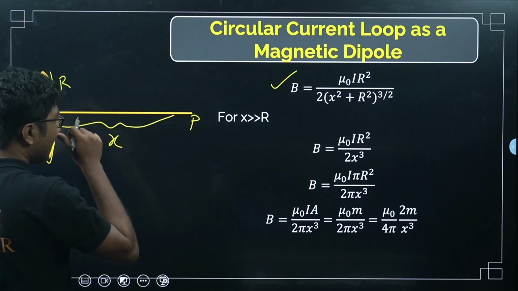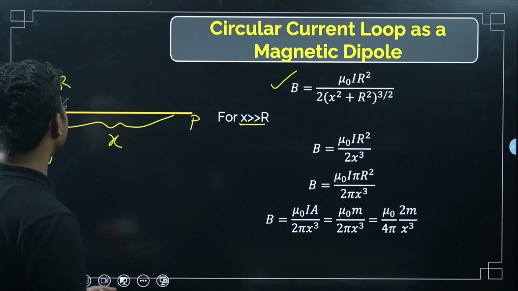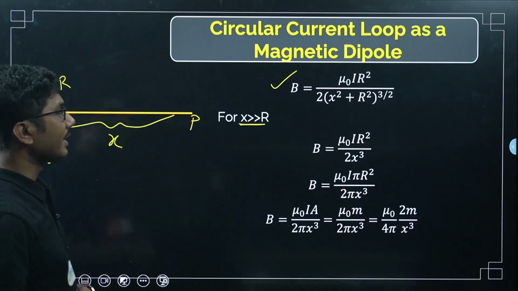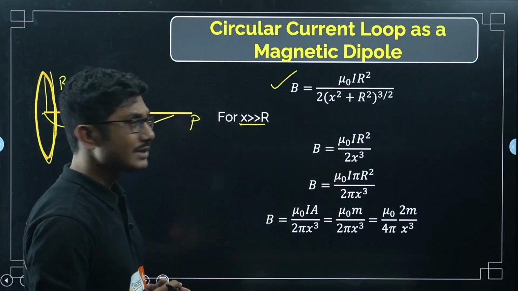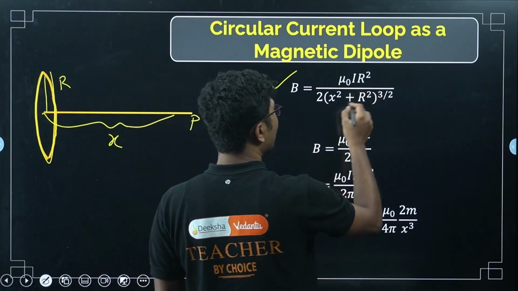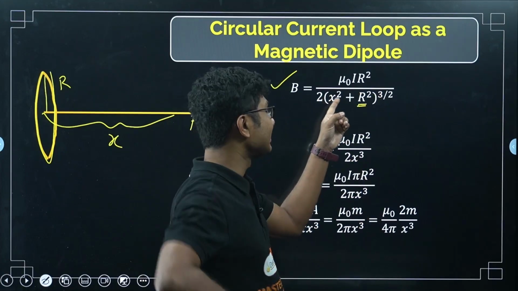Now if this distance x is very much greater than the radius of the loop, then we can write this formula as mu naught I r square by 2x cube. We put the r square term in the denominator to 0, because x is very large compared to r.